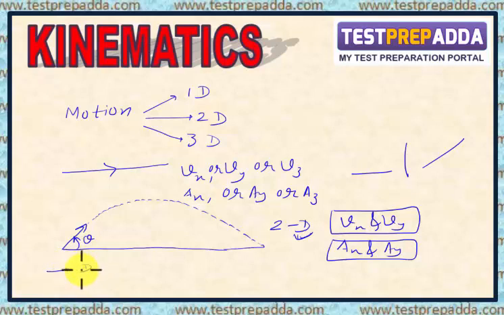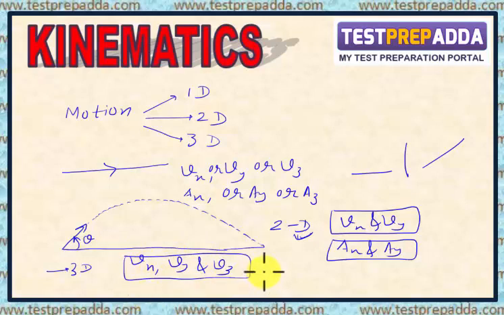So, for 3D, we need Vx, Vy, and Vz, or Ax, Ay, and Az. Got the idea?